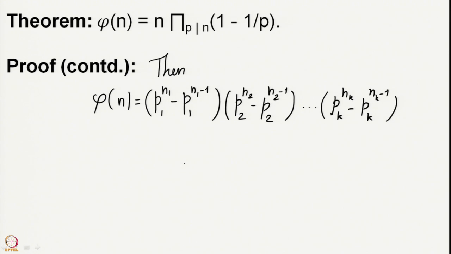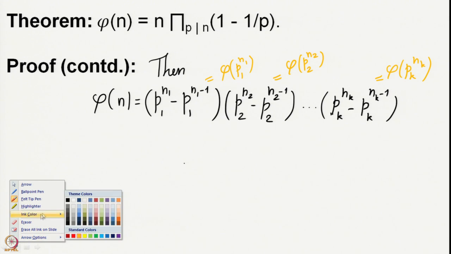This is because we know that the phi value for p1 power n1 is this, this is the phi of p2 power n2 and so on, where we get phi of pk power nk.